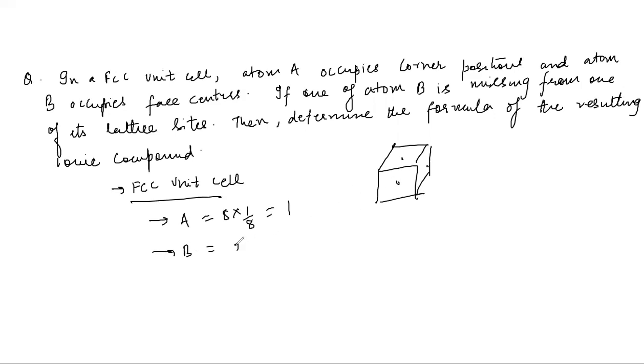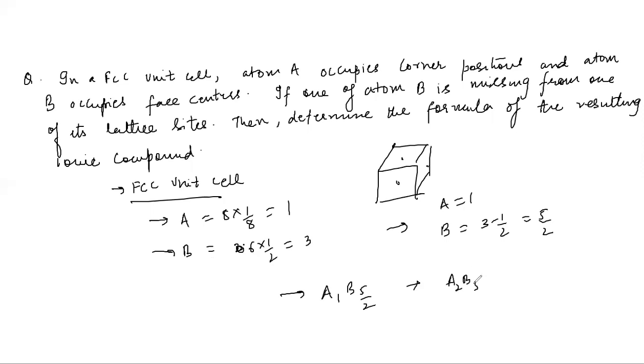So B will become 6 into 1 by 2, so it will become 3. If one of the B is missing, then A will remain 1 and B will become 3 minus 1 by 2, so it will become 5 by 2. So A is 1 and B is 5 by 2, so the formula is A2B5.